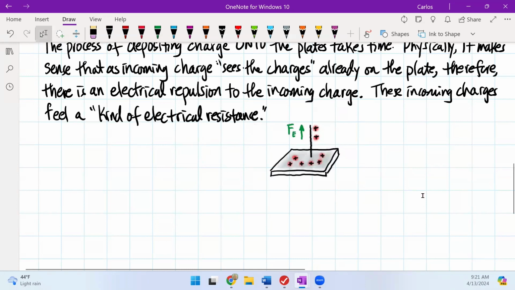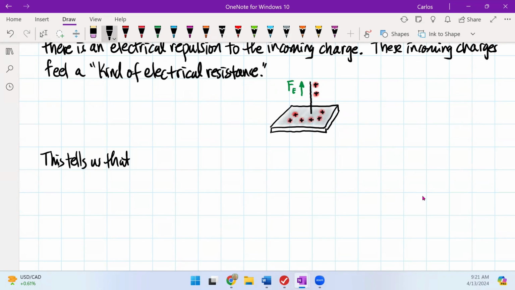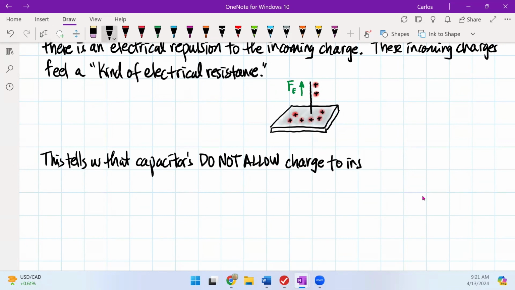So what we're seeing here tells us that capacitors do not allow charge to instantly fully charge a capacitor.